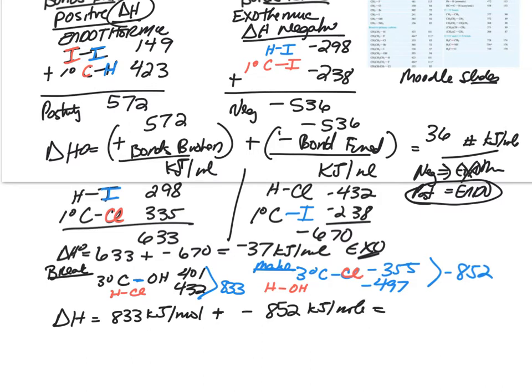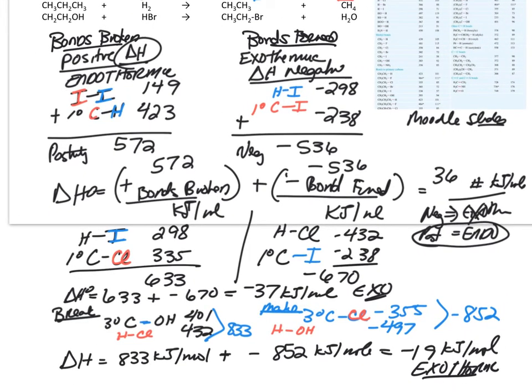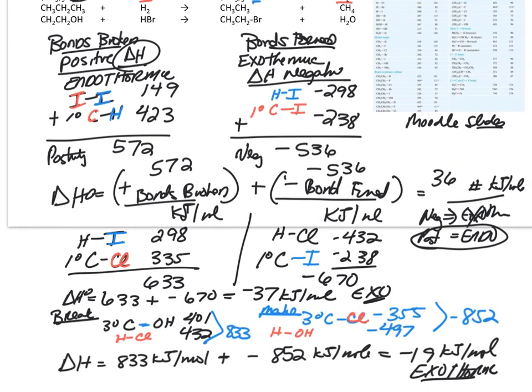And that equals negative 19 kilojoules per mole. That negative makes it an exothermic process. So that's an exothermic reaction. It gives off heat.